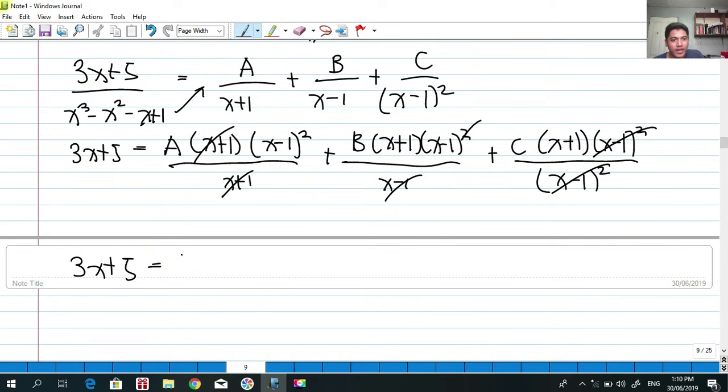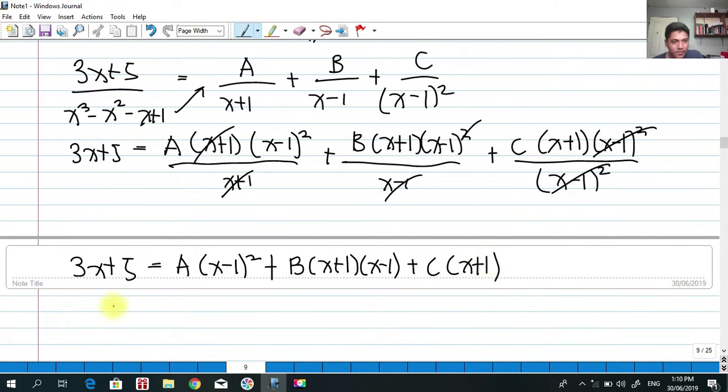So we have a times x minus 1 squared plus b times x plus 1 times x minus 1 plus c times x plus 1. Again, we can distribute. This is actually x squared minus 2x plus 1. So x squared times a is ax squared, minus 2x times a is negative 2ax, plus 1 is simply plus a.